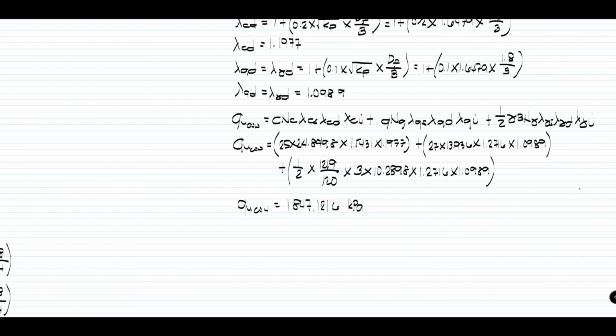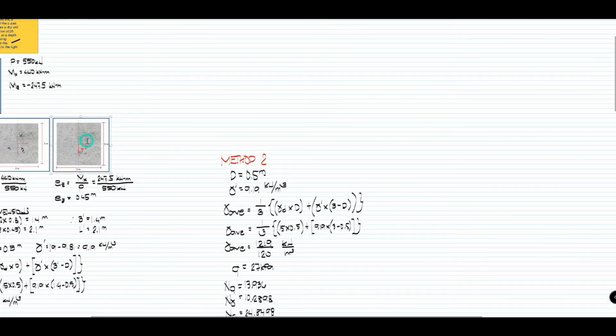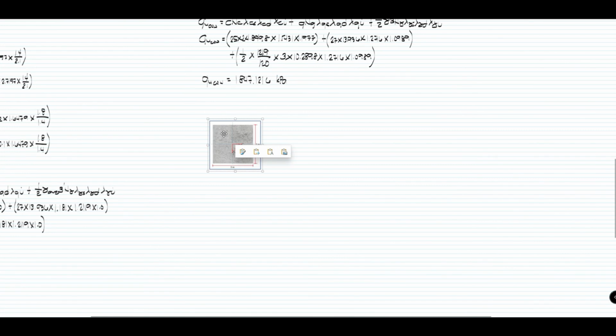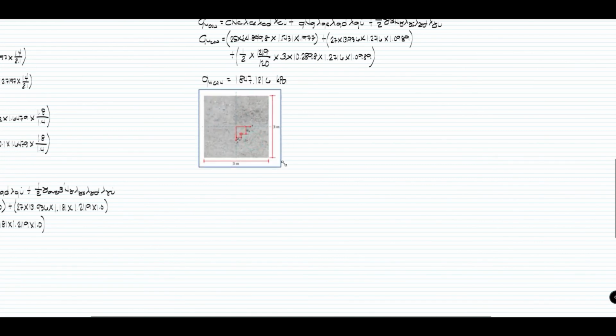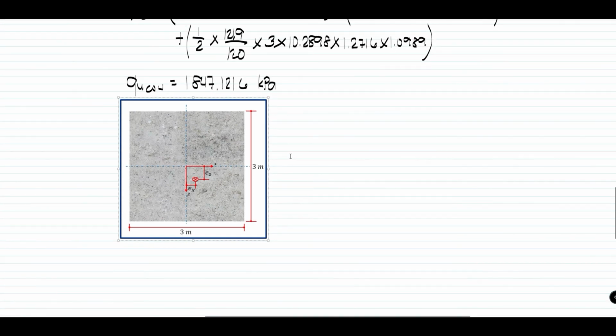So, for method 2, kailangan natin i-determine yung reduction niya. So, para ma-determine yung reduction ng ating concentric bearing capacity or ultimate concentric na bearing capacity, kailangan muna nating i-determine yung ratio nung EX over B or EZ over L para dito.